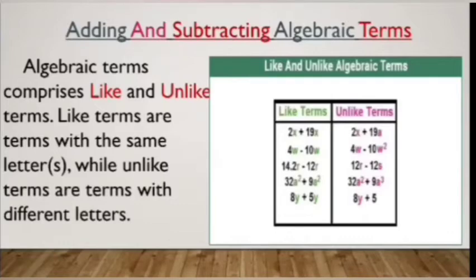Note: like terms can be added or subtracted. This is the basis of algebra. Why can unlike terms not? You can add terms that have the same letters, but terms that have different letters cannot be added.